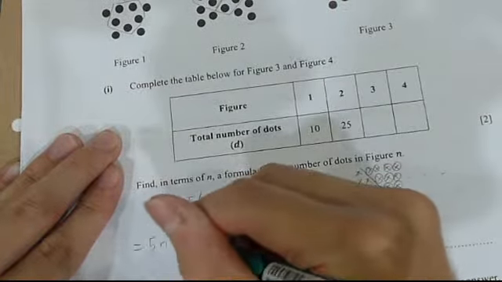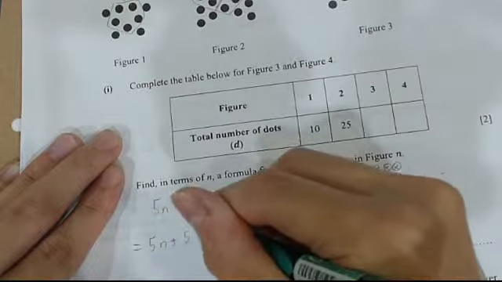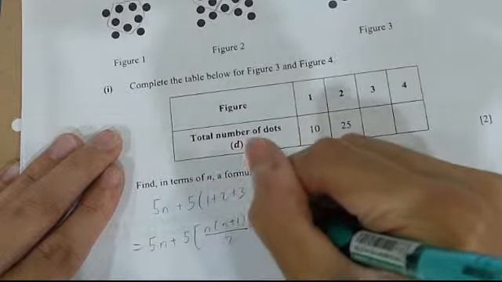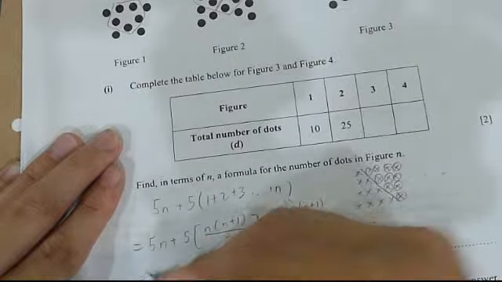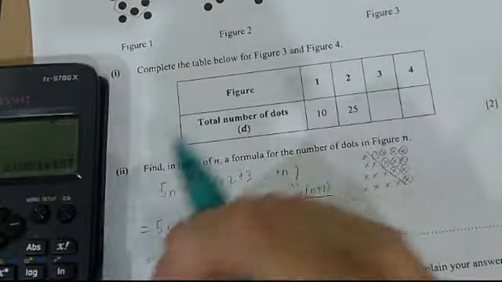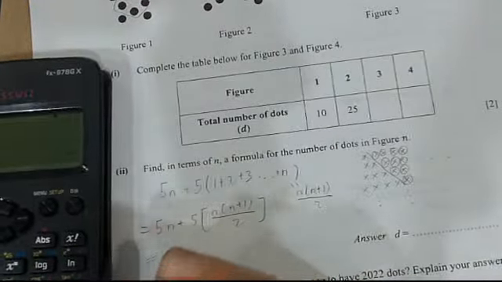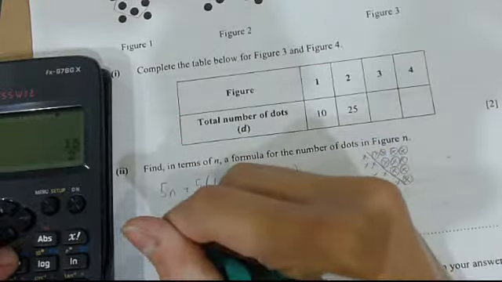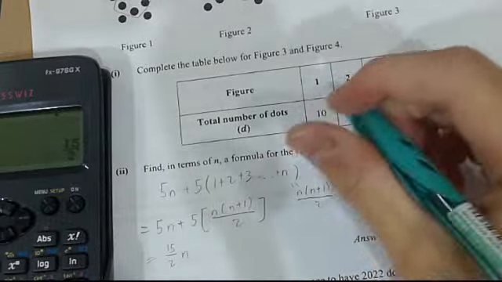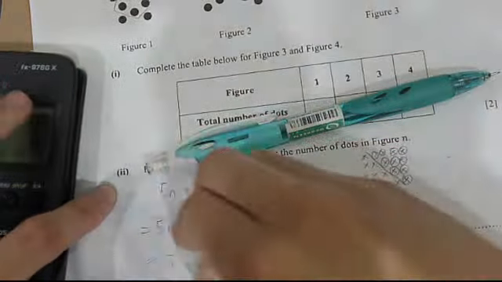So this is nothing but 5n plus 5 times n times n plus 1 divided by 2. And it's just a matter of simplifying. Now you get 5 plus 5 divided by 2, you get 15 over 2n. Wait, I should write the n squared first.